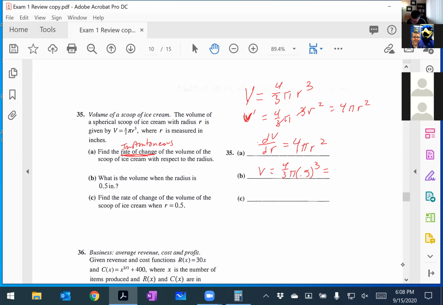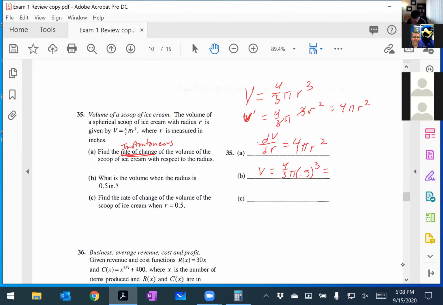So it would be 3.14, and I don't know how many decimal places you want to go out. That's square inches, because it's 0.5 inches times 0.5 inches.